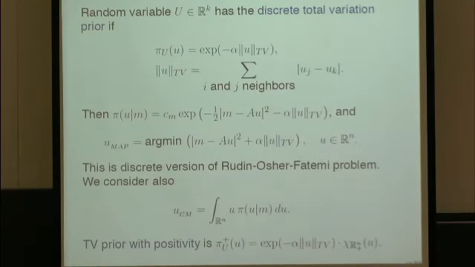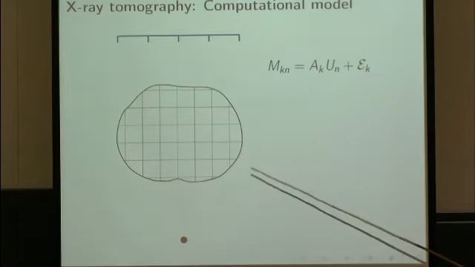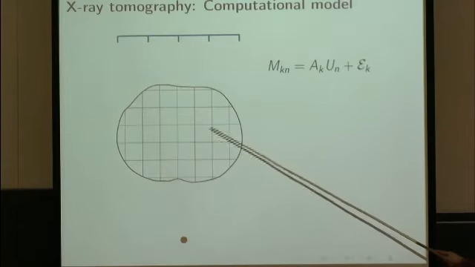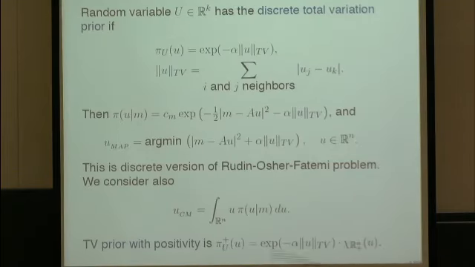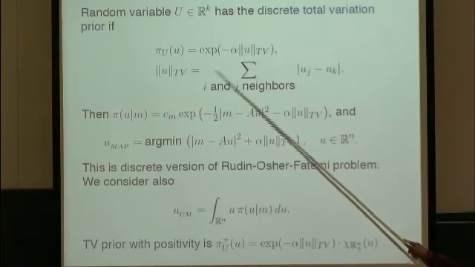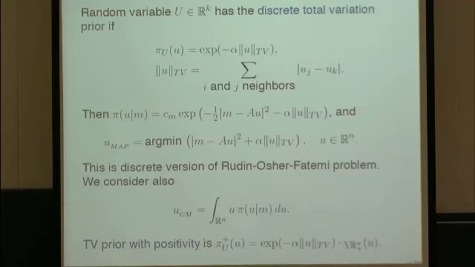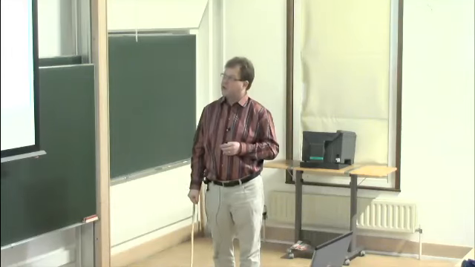So let me go back to the last slide. Here I have these pixel values. I look at neighboring pixels, and I put here this type of penalty function where I have the absolute value of differences of neighboring pixels. So I minimize basically this. So this kind of thing is small if the neighboring pixels have close by values.